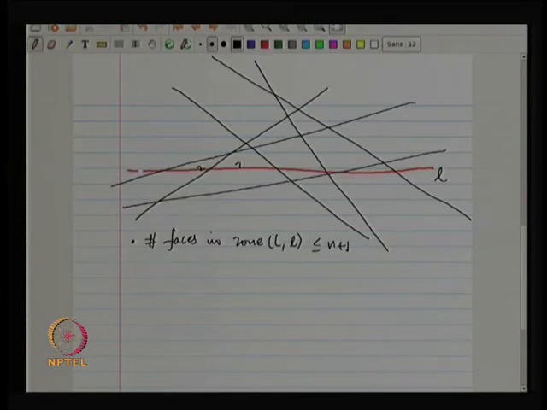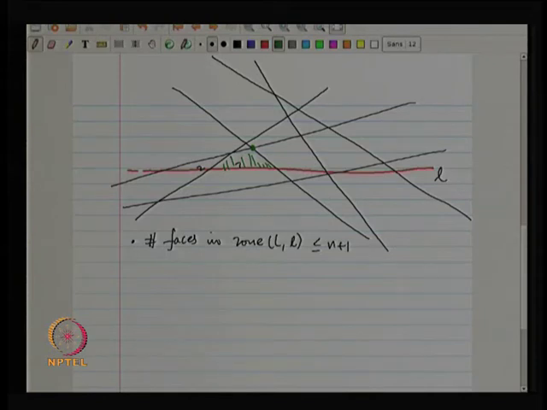So, let us look at one of the faces and look at the portion that lies above the line. Let me draw a complicated face. Let us look at this face. There is a topmost vertex.